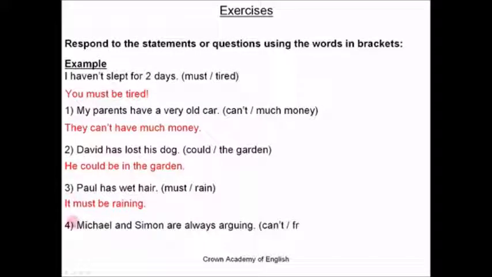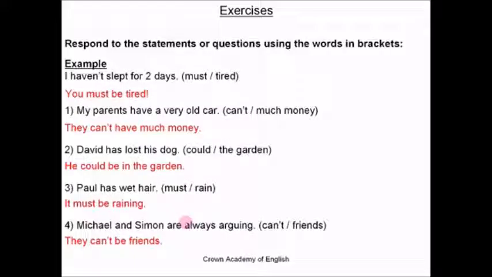Question 4. Michael and Simon are always arguing. And the answer to this question is they can't be friends. Okay, so again, we have proof.